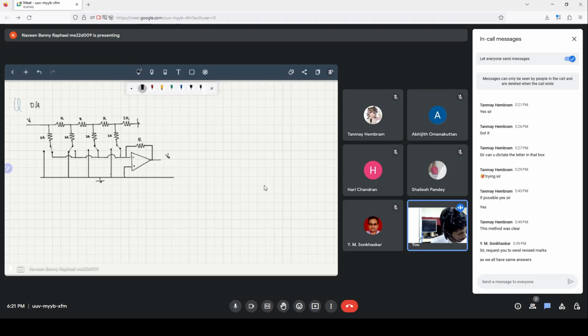So here you can look at the switches: this is closed, this is open, this is closed, and this is open, and therefore we have 1 0 1 1, and we can show that the output here will be 11 by 16 of the input.